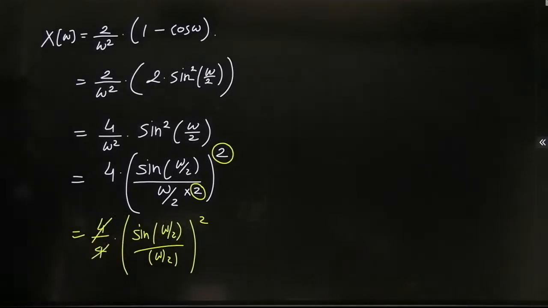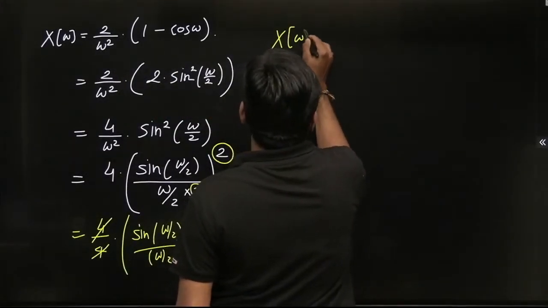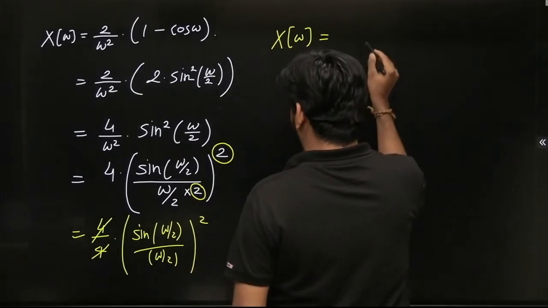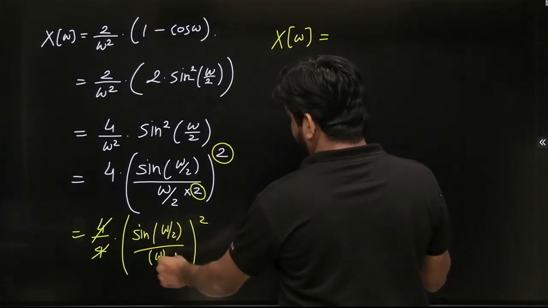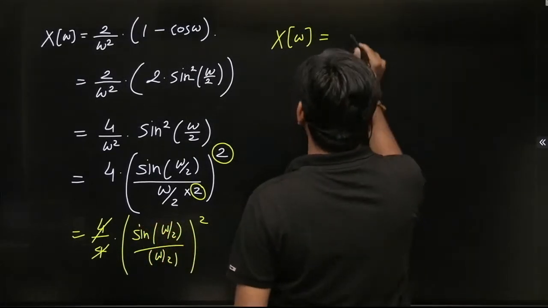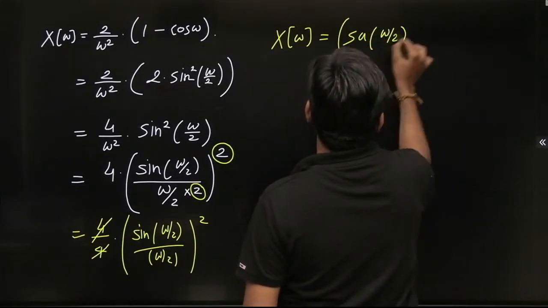So the 4s cancel out. Finally X of omega will be, this is nothing but sine x upon x, correct? Sine x upon x, which is nothing but sa omega by 2 whole square.